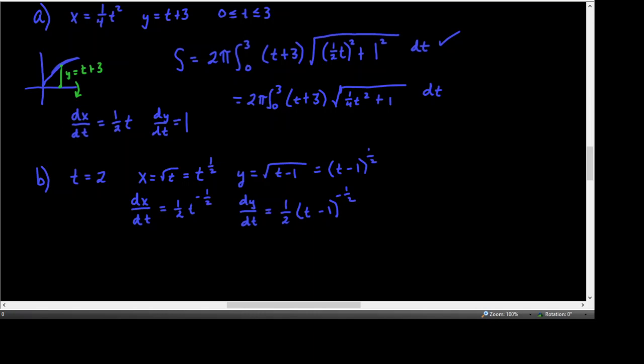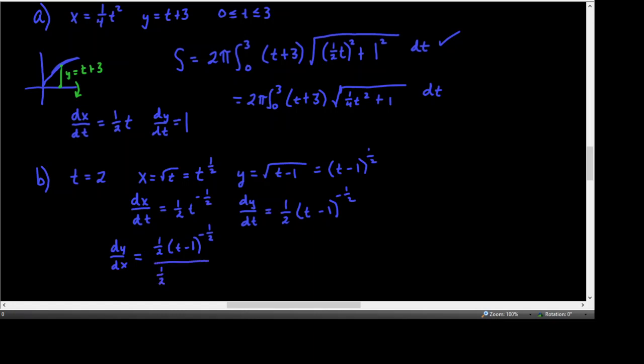And then the slope at any time t will be the dy/dt answer divided by the dx/dt answer.